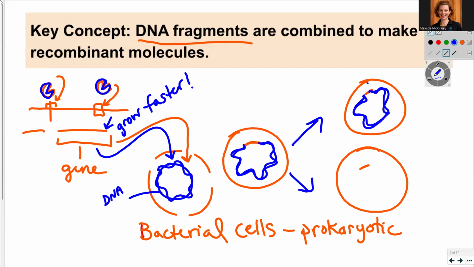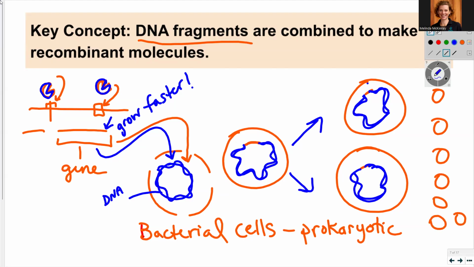And so that gene is going to be copied, and bacterial cells can replicate very quickly. So they'll have exponential growth. And so pretty quickly, you're going to have all of these bacterial cells, and they all have replicated this specific genome with the new gene in it. Okay?